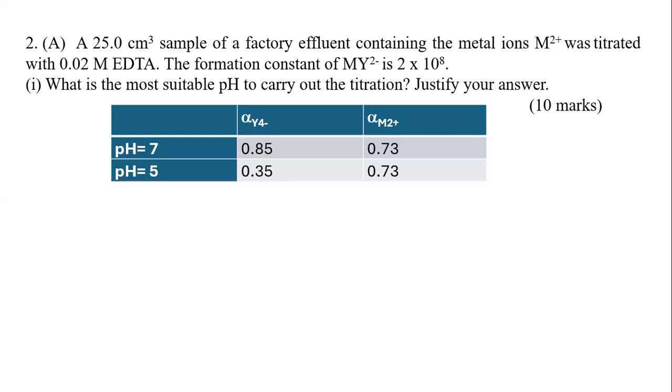Very good, you have given a complete answer. You can't just stop at showing that K'MY is high. You have to say what is the benefit of a higher KMY value: give the relationship to delta G, and then why it is important to have a higher negative delta G, because the feasibility is high. That's a very good answer.